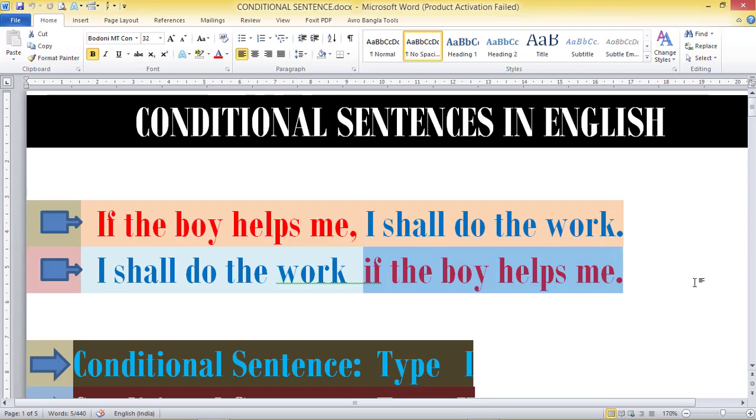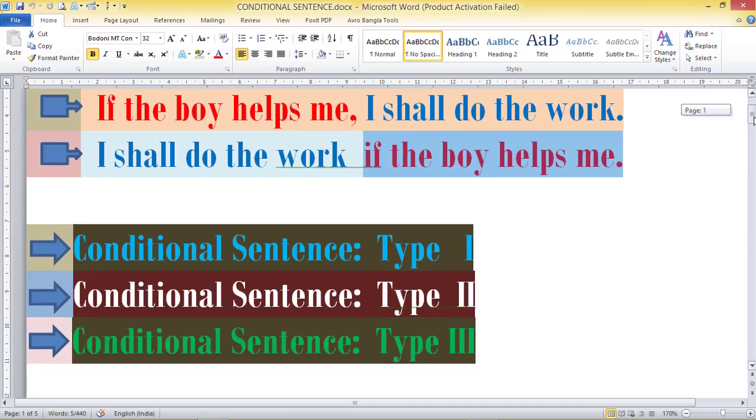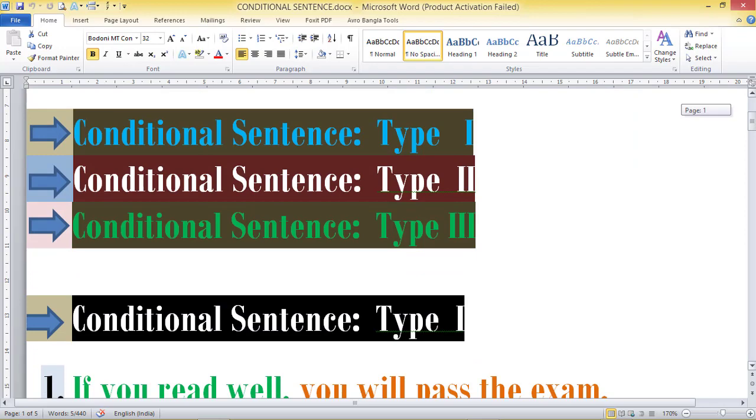There are, as you know, mainly three types of conditional sentence in English. The three types of conditional sentence in English are conditional sentence type 1, conditional sentence type 2, and conditional sentence type 3.